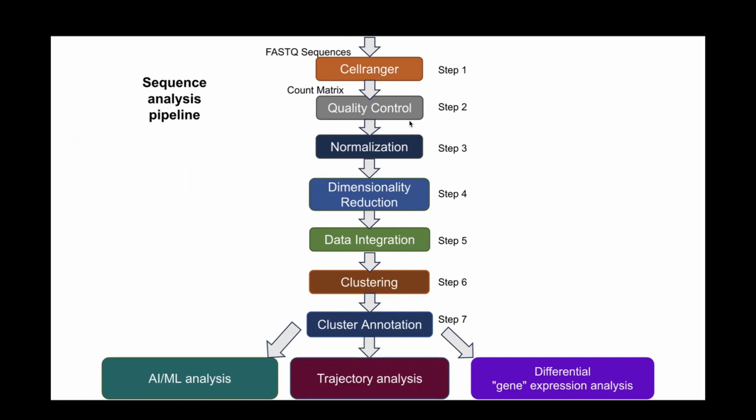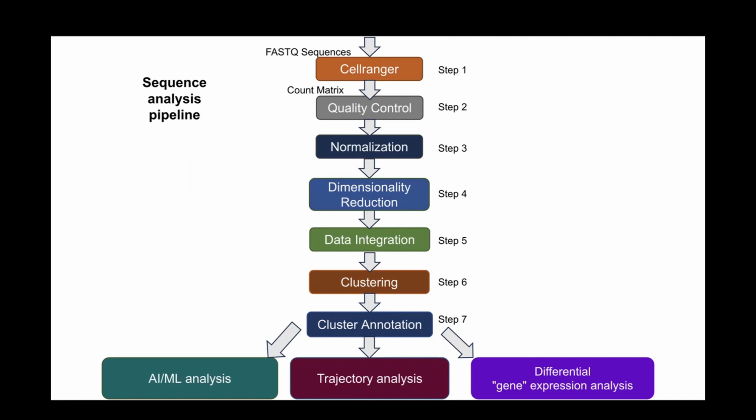Step 2 is to do some quality control. We can remove some low quality cells based on some criteria. And then we'll do some normalization, step 3. And in step 4, we reduce the dimensionality. And in step 5, we're going to integrate the data from different data sets provided by different donors.